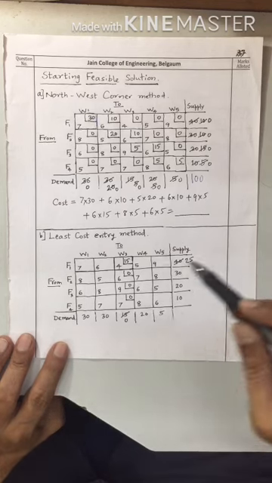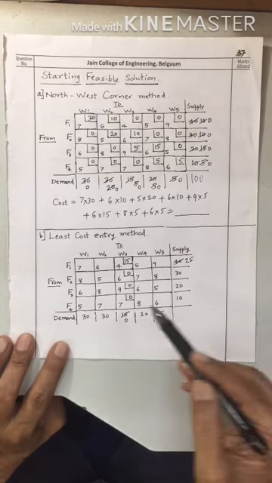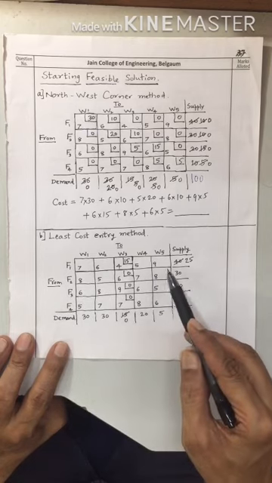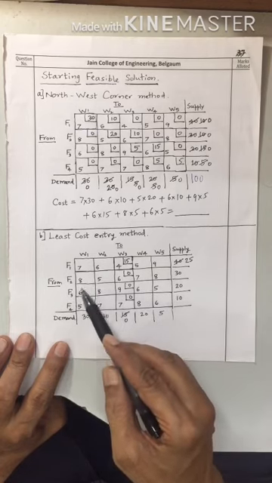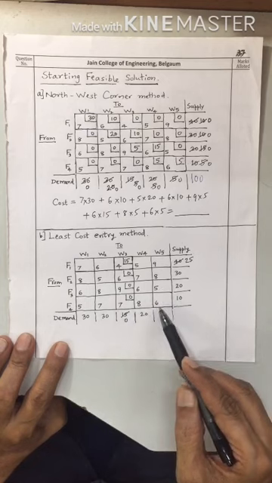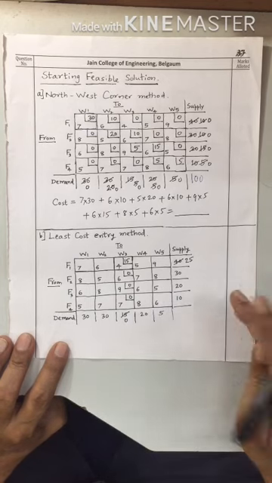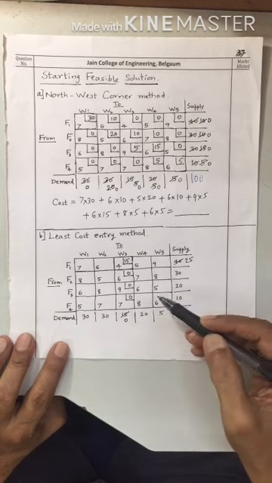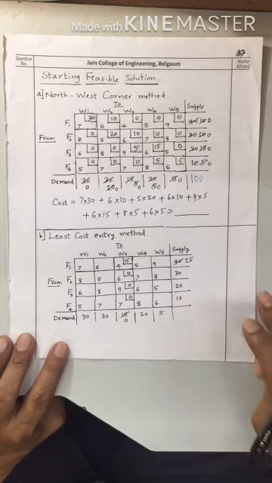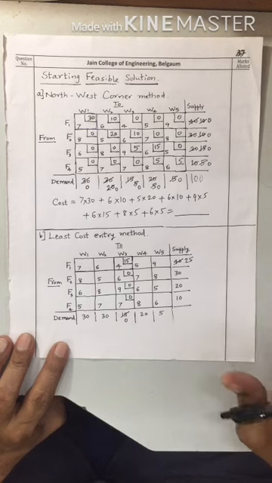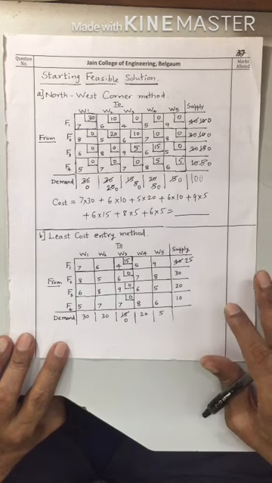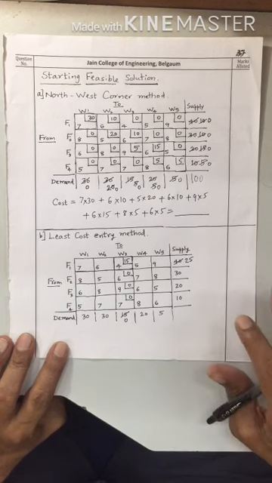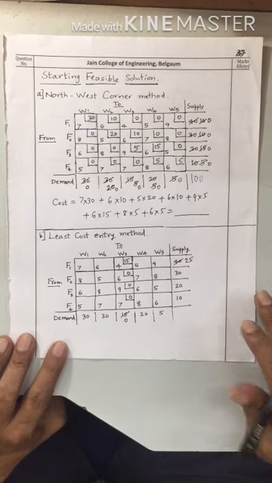Among all undecided cells, what is the least cost now? 7, 6, 5. So 5 is the least cost and there are so many 5s: 1, 2, 3, 4. Four cells are all competitors for making the decision.